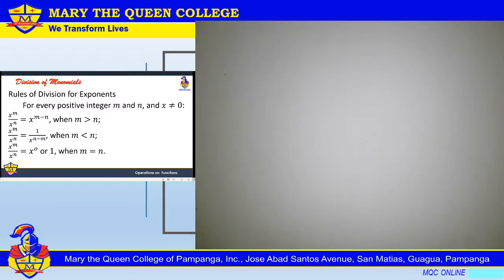Kaya lang, nasa denominator po yun. Okay? Then, the third one, we have x raised to m over x raised to n is equal to x raised to 0, correct? Or 1. So, this is if the exponent of the numerator and the exponent of the denominator are the same.